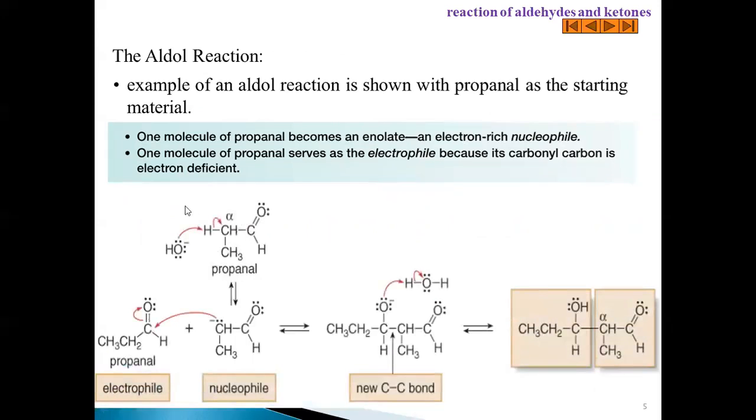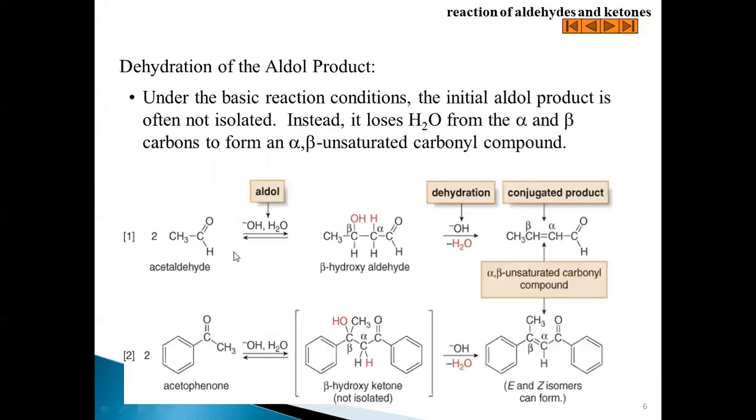Step 1 is removal of the alpha hydrogen by the base to form a nucleophilic carbon. Second is attack of this nucleophilic carbon on another molecule of propanal. The pair of electrons will shift onto oxygen, and later oxygen will be protonated to form beta hydroxycarbonyl compound.